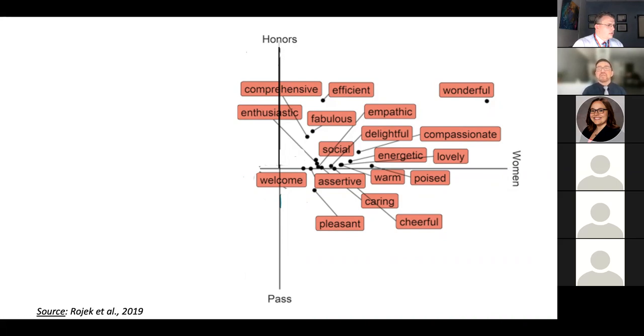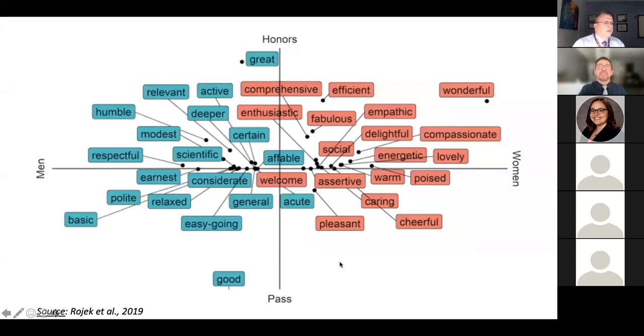Pleasant is the only one that really falls below, and those that fall along the x-axis had no specific distinction between honors and pass. Other things that people were seeing, lovely is a word rarely used for men, somebody says. Stereotypically superficial, someone else says. So I think you're getting the point.